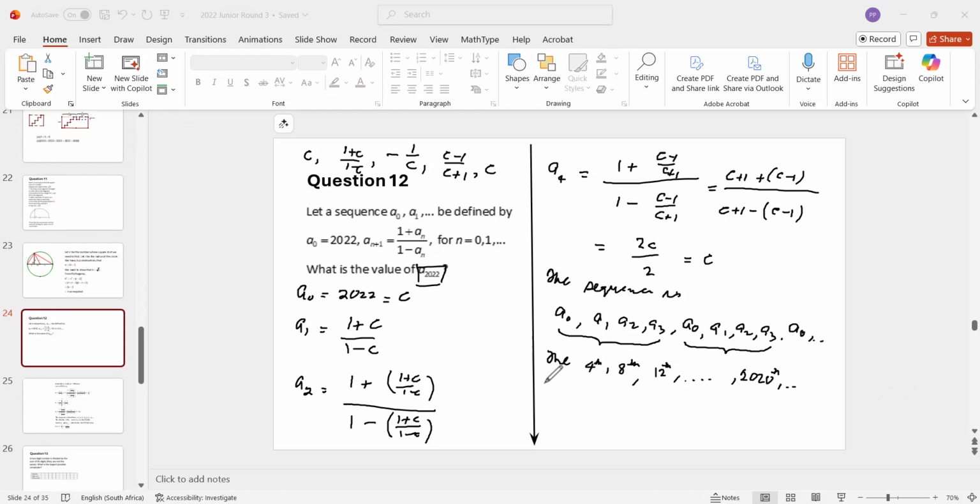The 2020th terms are all equal to A3. Right. So you got that. So the 2020th term is therefore A3.